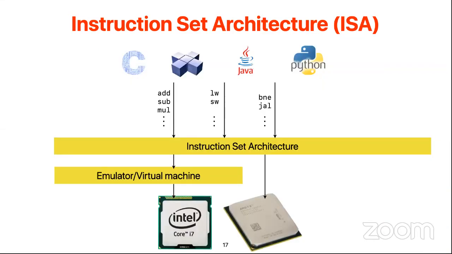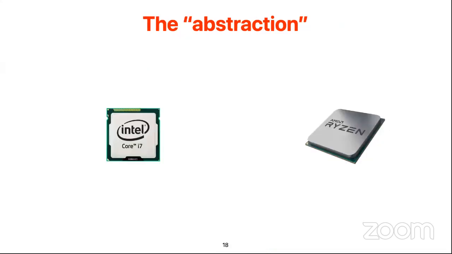The instruction set architecture hides all the hardware details. It only exposes instructions, which represent the features that your hardware supports, to the software. We allow the programmer to completely ignore what's in the underlying architecture. For example, Intel Core i7 and AMD Ryzen both support the x86 instruction set architecture.